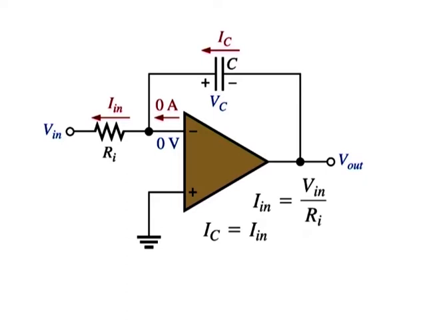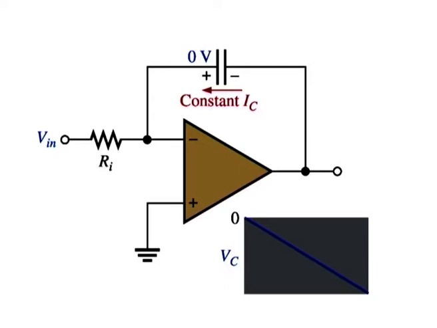If Vin is a constant voltage, then Iin is also a constant because the inverting input always remains at 0 volt, keeping a constant voltage across Ri. Because of the very high input impedance of the op-amp, there is negligible current at the inverting input. This makes all of the input current go through the capacitor. So, IC is equal to Iin.